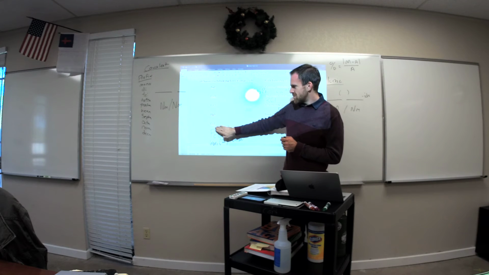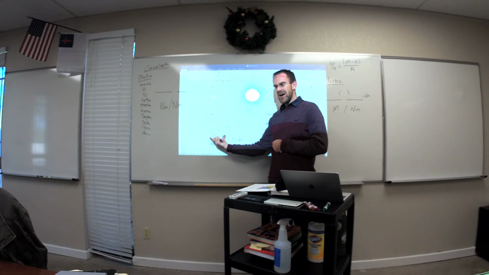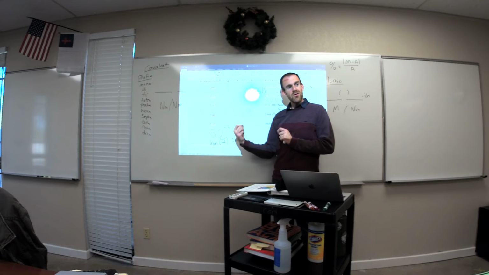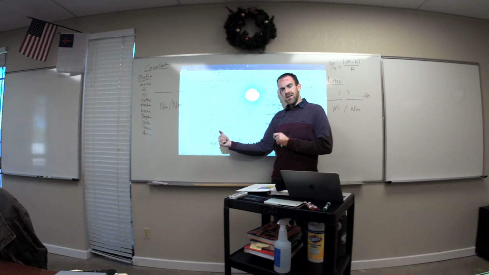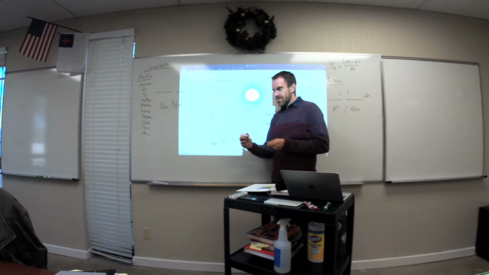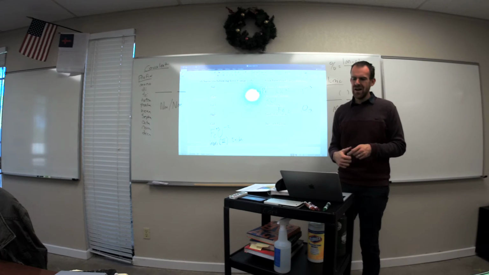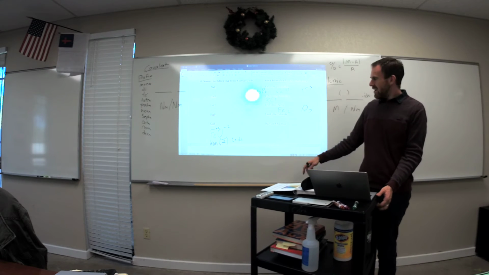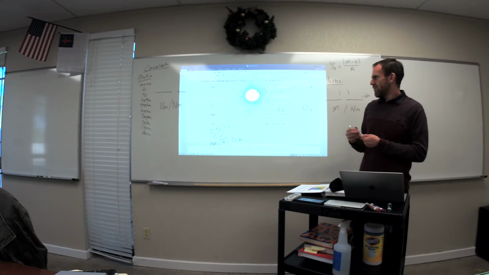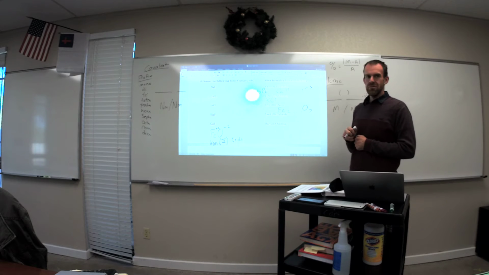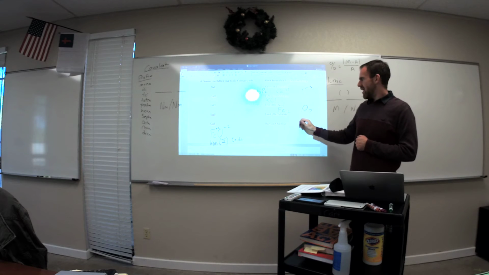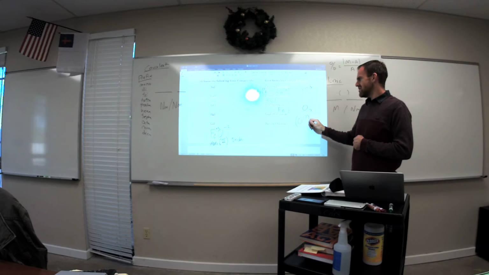Okay? So oxygen is -2. I need this to balance out to 0. In order to do that, I need this to be +2. So let's just say, in fairy tale land, if oxygen was -3, and I have Fe2O3, then I know I have 3 oxygens.